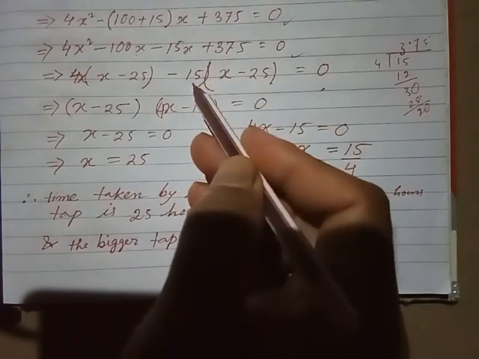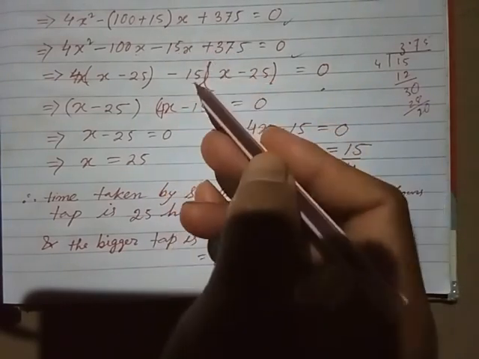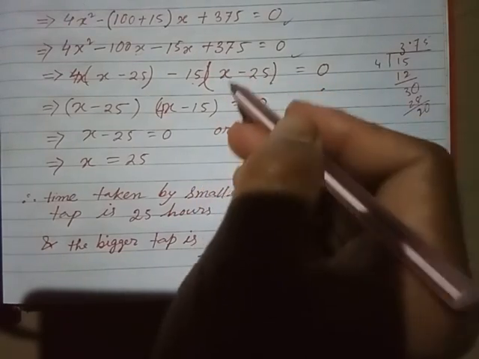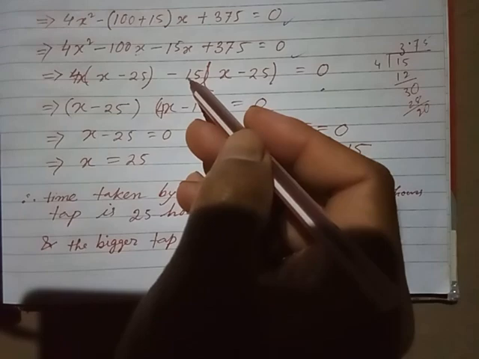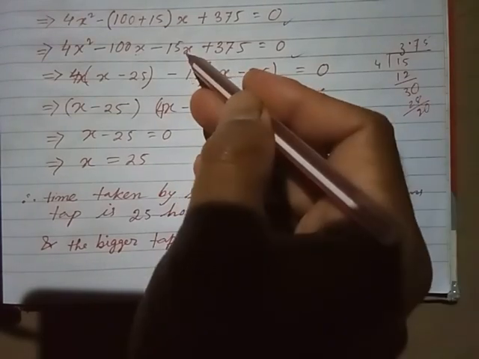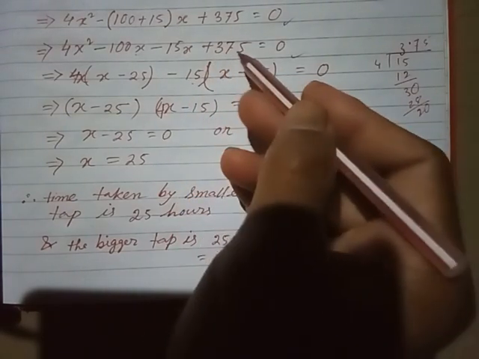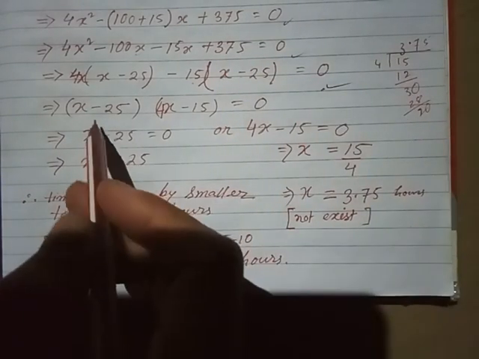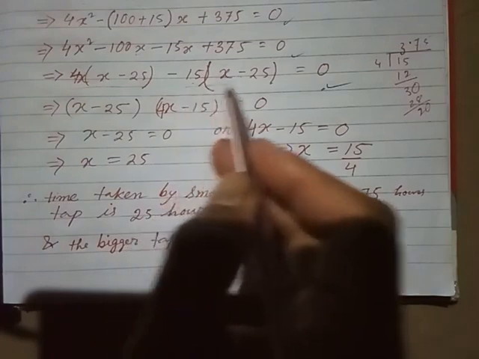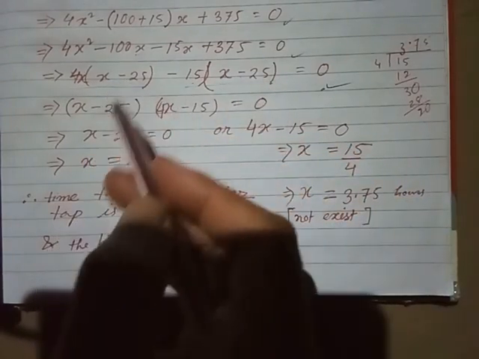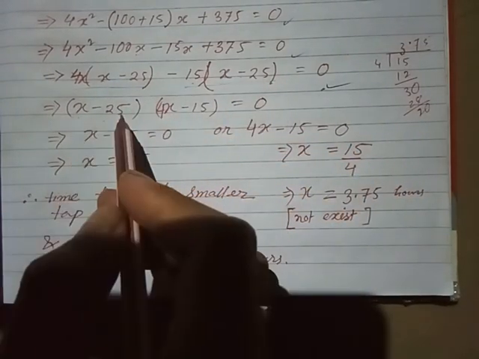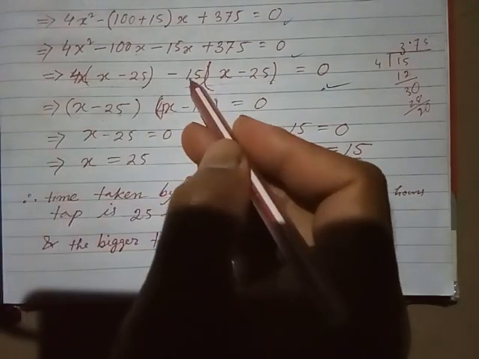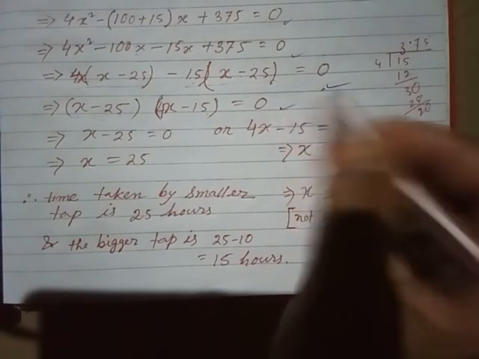From here 15 is common to both, so I took 15 as common, and what I wrote inside the bracket is x minus 25, just recheck it. 15 into x, 15x, 15 into 25, 375, minus minus plus, it is okay. And from these two parts again I can take common, x minus 25 is common to both, take it common, and inside the bracket now can write 4x minus 15. Okay, all right.